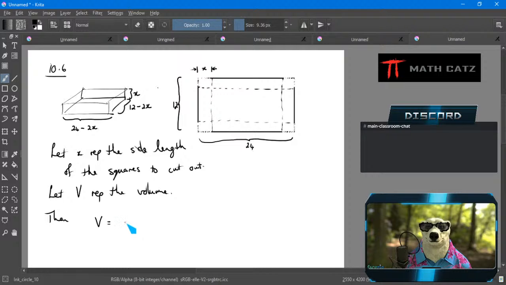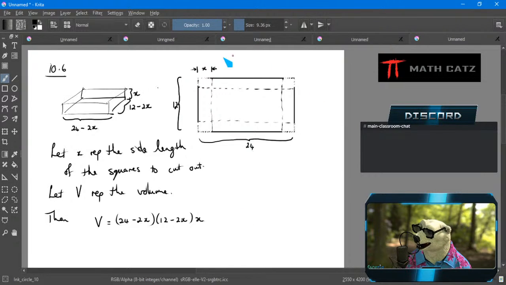So the volume is then going to be (24 minus 2x) times (12 minus 2x) times x. And I'll simplify that when I need to. I don't care about that right now. I just want to have a volume function that all depends on how much I cut out.